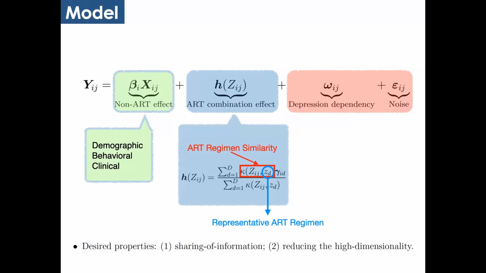It seems that you use the same H function for all the Z_ij. So Z_ij are different drug combinations. Yeah, that means they have the same function H. Oh, because the H, you can see here, it's parameterized by gamma_id.